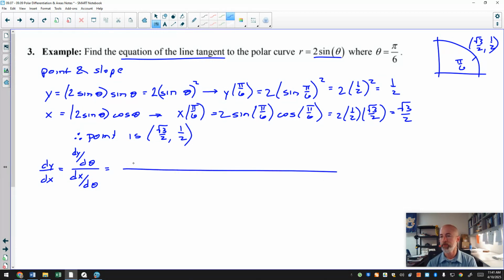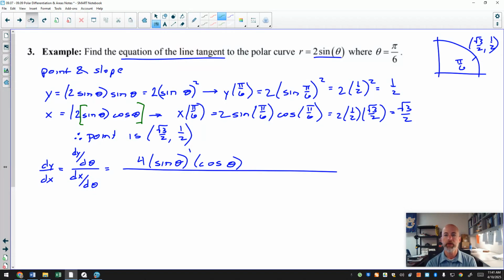Give myself plenty of room here. And the derivative of my y expression, I'll bring my 2 down. That will be 4. I will leave the sine theta alone to the first, then times the derivative of sine, which is cosine theta. And that's it for the numerator. That one wasn't too bad. The denominator is a product rule, and I'm going to leave the 2 out, and I'm just going to product rule the sine and the cosine.